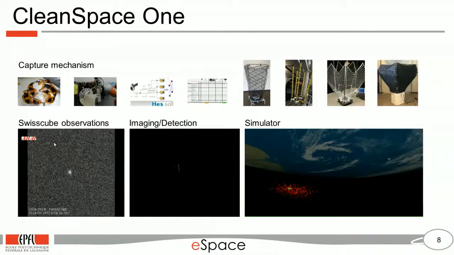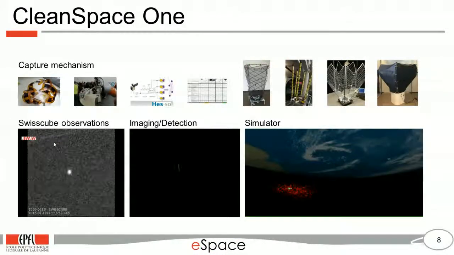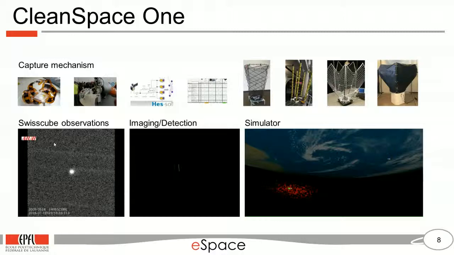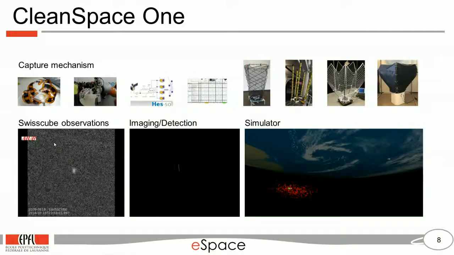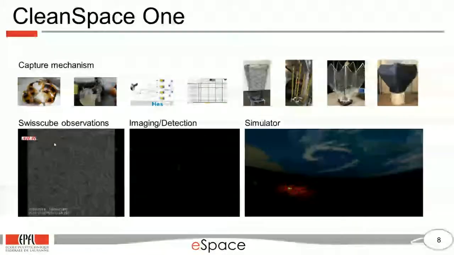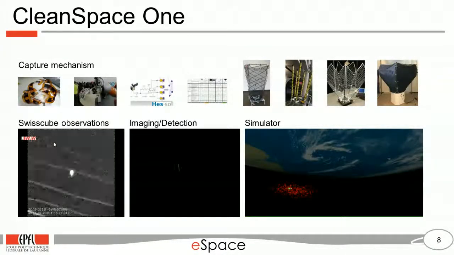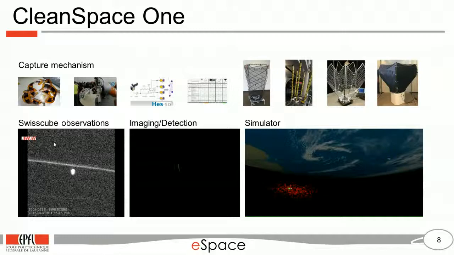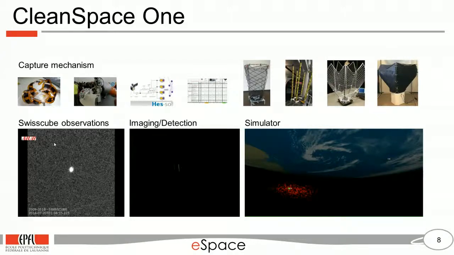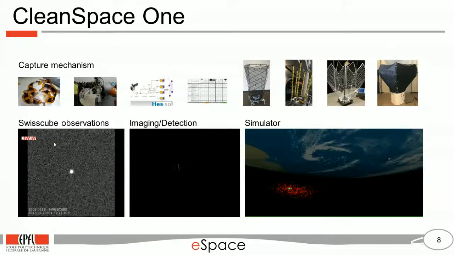So what happens is that we are working with students, and we are currently at a very early phase, something like phase 0 in your parlance. And we have been working with a lot of different breadboards, typically for the capture system. And this doesn't apply only to the capture system, but to many of the components we have on board, be they algorithms to do the filtering, the processing of the images, and other sensors.